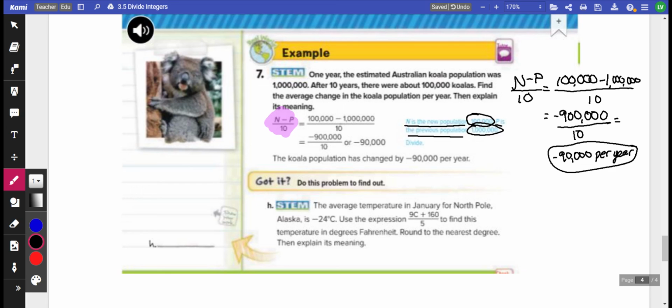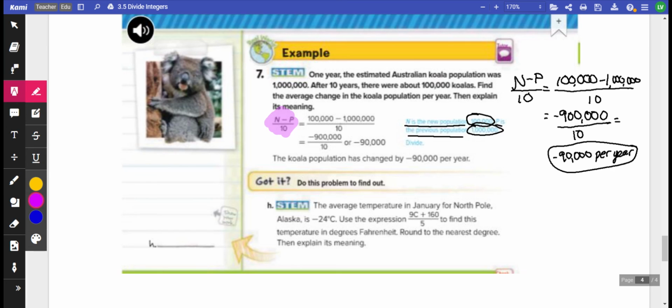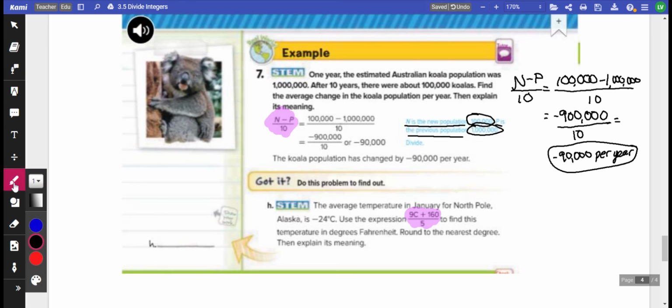So let's try this last problem. The average temperature in January for North Pole, Alaska is negative 24 degrees Celsius. We're going to use this expression, 9C plus 160, all divided by 5, to find this average temperature in degrees Fahrenheit. We're going to round to the nearest degree and then explain what the meaning is. So I'm going to take this 9C plus 160 divided by 5.